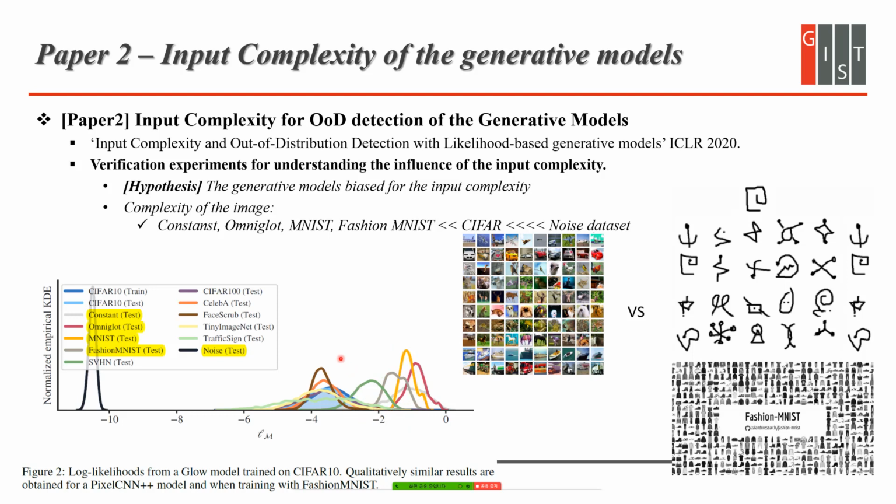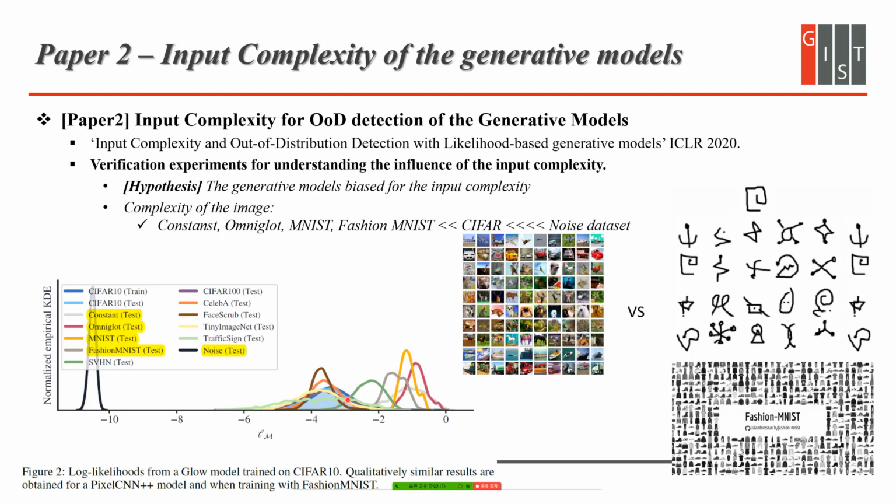So they make the hypothesis that the likelihood values of the generative model are influenced by the input complexity, which means that when the authors checked the dataset on the right here, the images are a black image or just a handwritten image of some object, which means the input complexity is low, and it exists in the upper part.